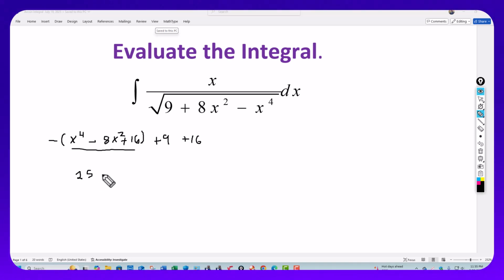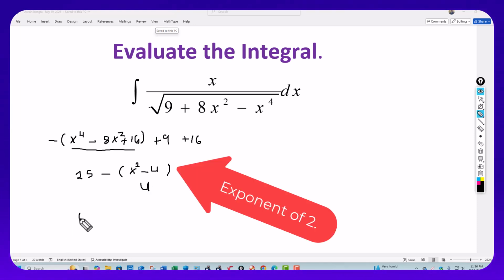And then I'm going to rewrite this as a minus here, and that trinomial is a perfect square. It's going to be x squared minus 4, squared. This is going to be my u then. So I'm going to let u equal x squared minus 4.